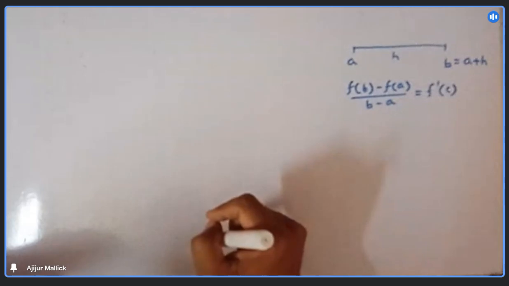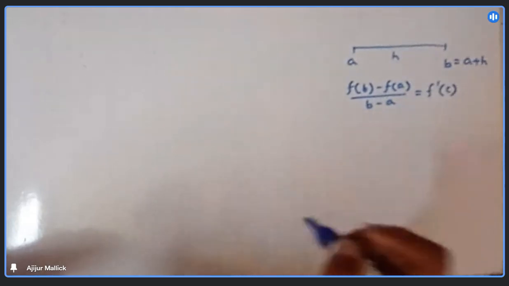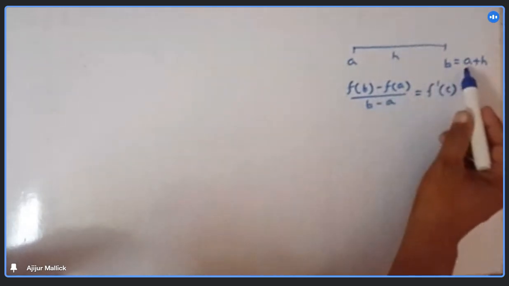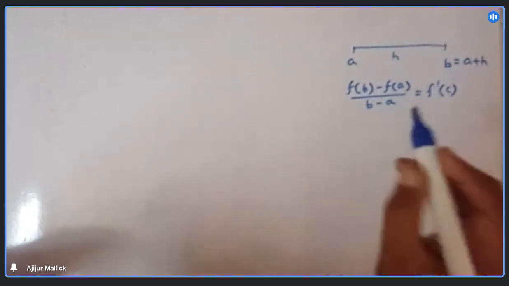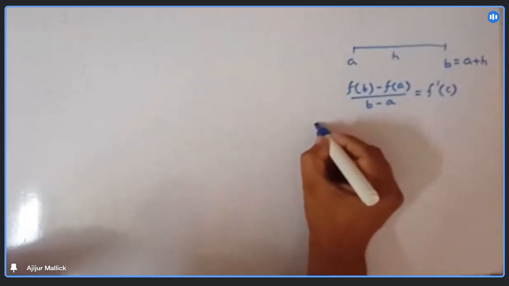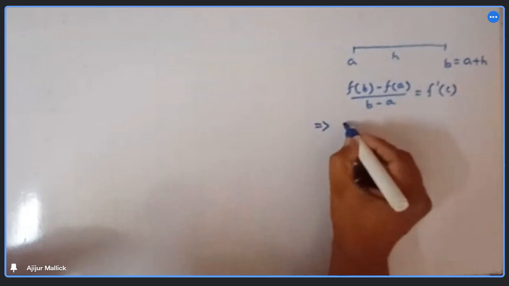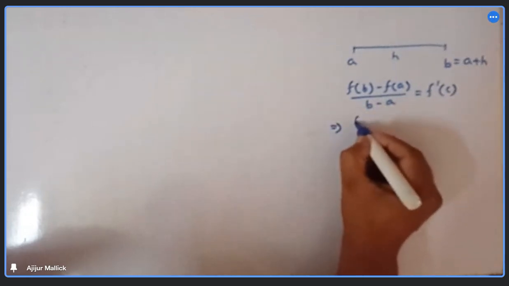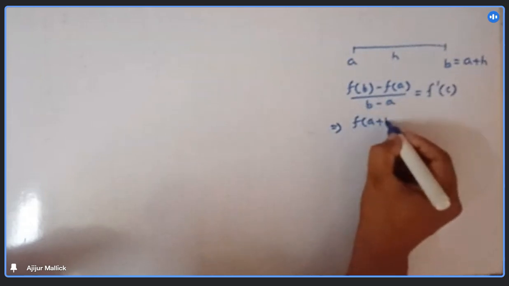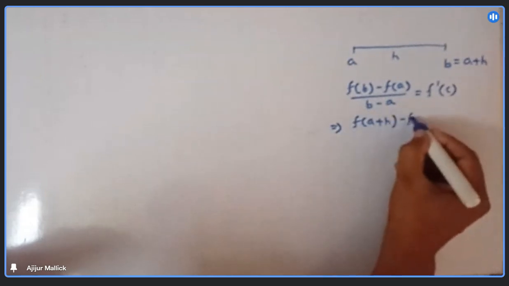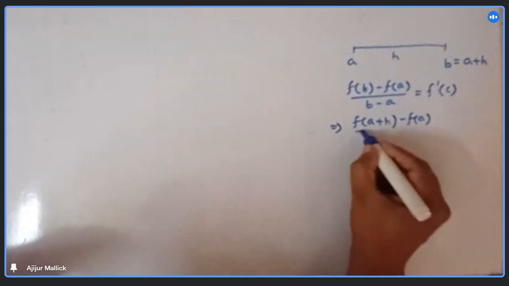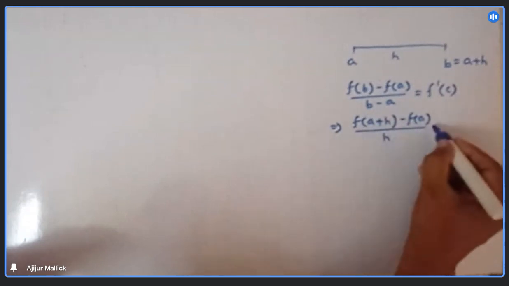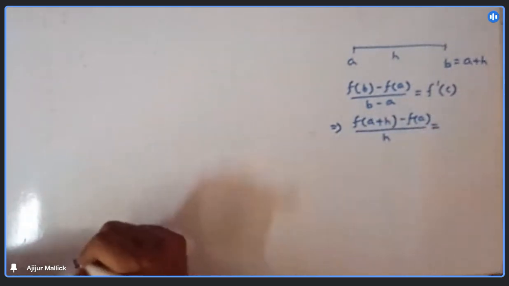Now I shall put here b is equal to a plus h. Then we are getting f of a plus h minus f of a, whole divided by h, is equal to f dash c.